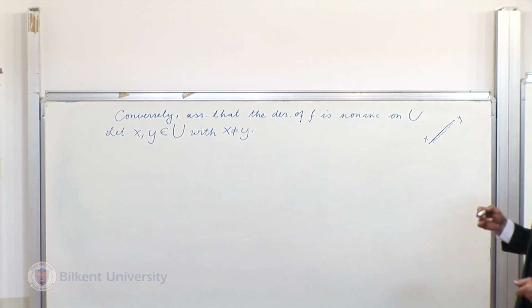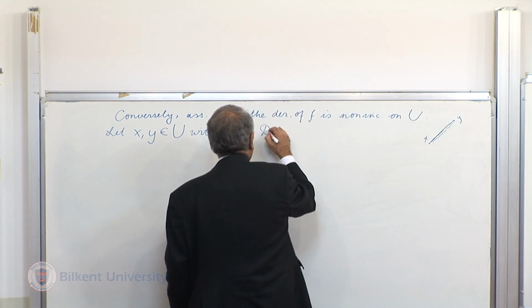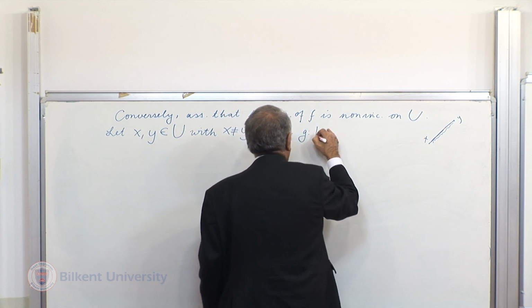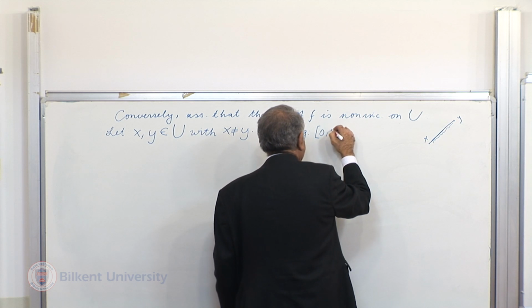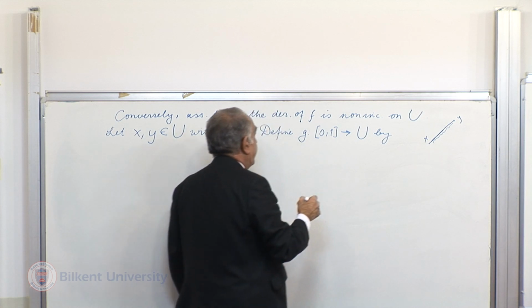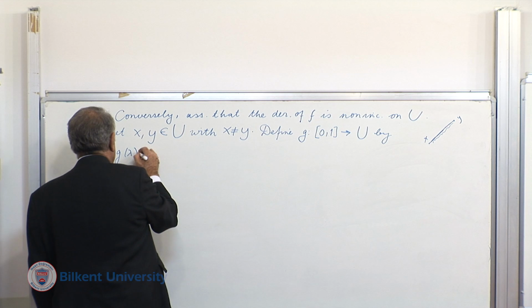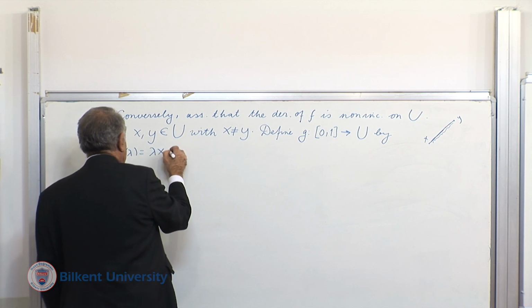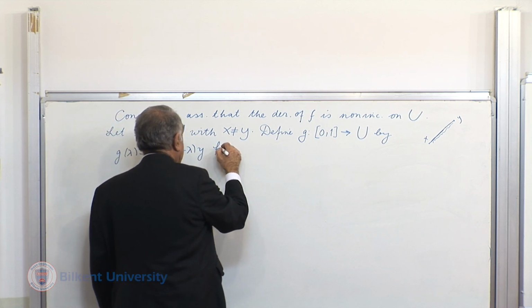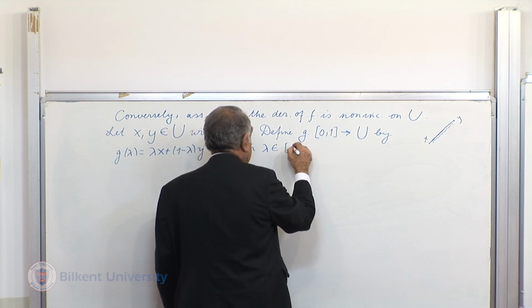So let me define that as a function. Now define g on 0, 1 into u by g of lambda equal to lambda x plus 1 minus lambda y for each lambda in 0, 1.